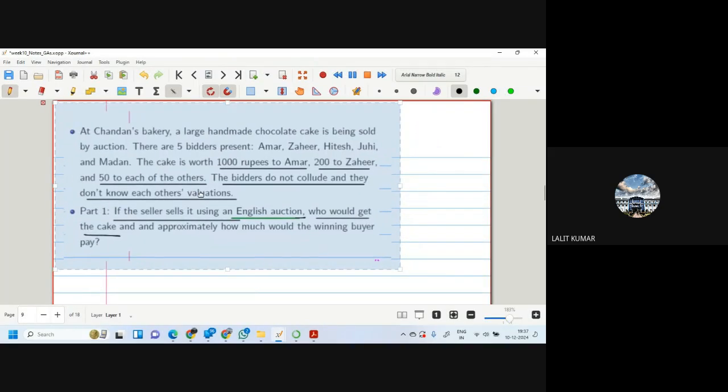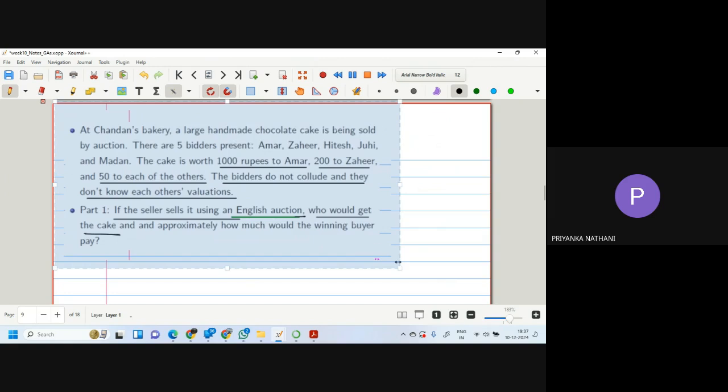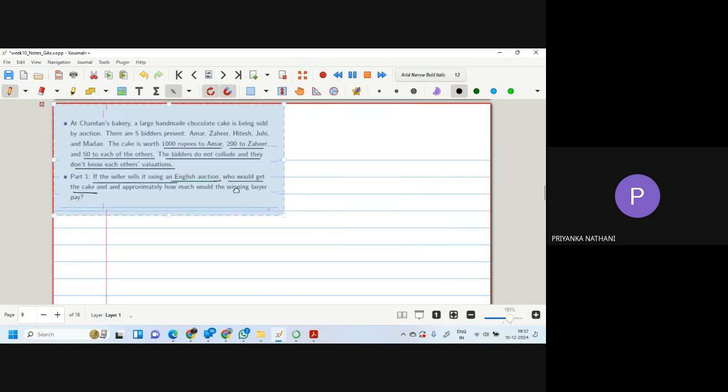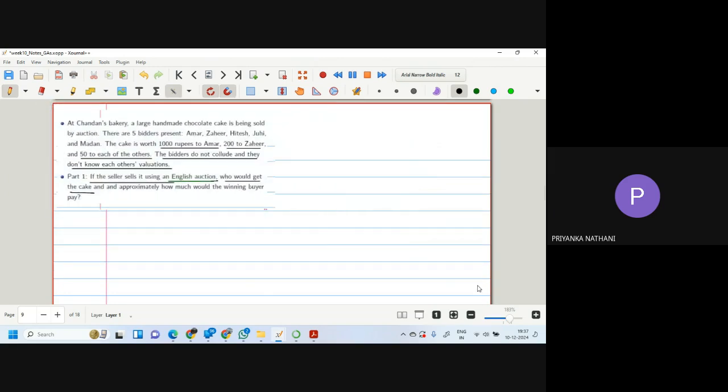So what was English auction? So English auction is that second price, you have to pay the second amount, and you have to bid aggressively, like you have to bid your true value. So Amar 1,000, Zahir 200, the rest all, Hitesh, Juhi, and Madan, they bid, for example, only 50, 50 rupees.